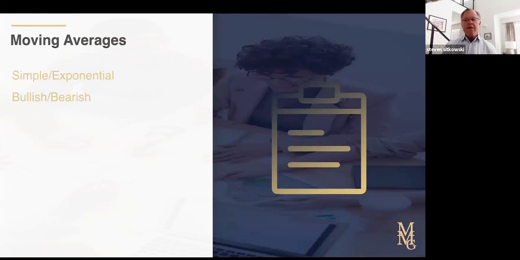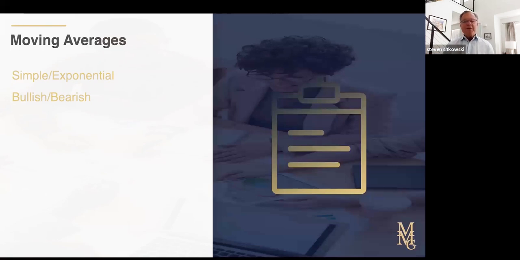Now, there are two different types of moving averages. There's what's known as a simple moving average, and I gave you an illustration of that. There's also something known as an exponential moving average. So an exponential moving average, there is an algorithm where more weight is given to what has happened most recently.